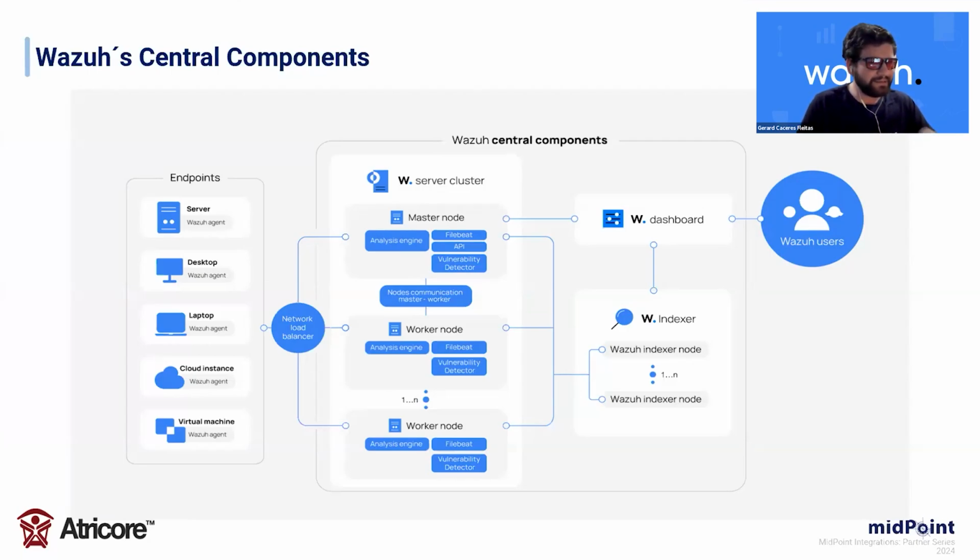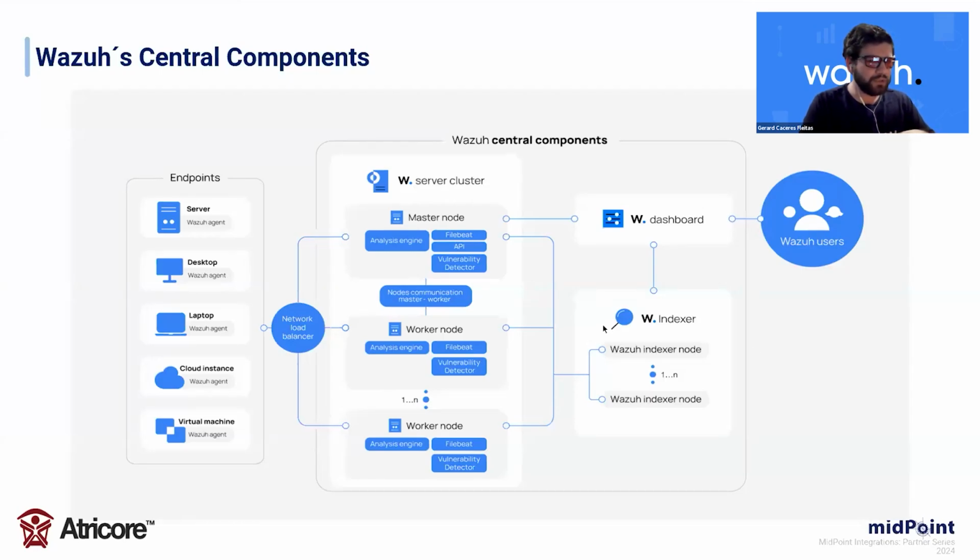This agent is very lightweight software that can be installed on various operating systems, including Linux, Windows, macOS, Oracle Solaris, HP-UX, etc. The agent includes various capabilities, such as log collection from the OS and applications, vulnerability detection, file integrity monitoring, and XDR actions.